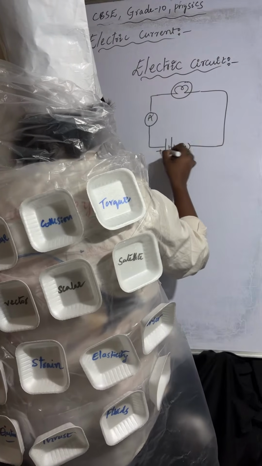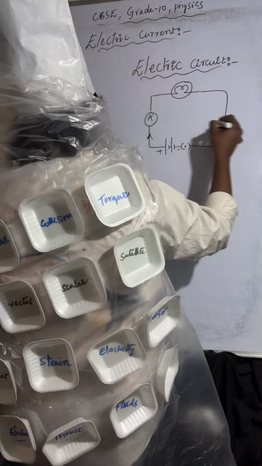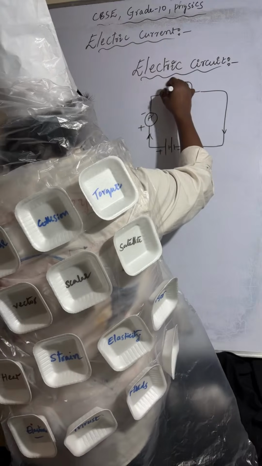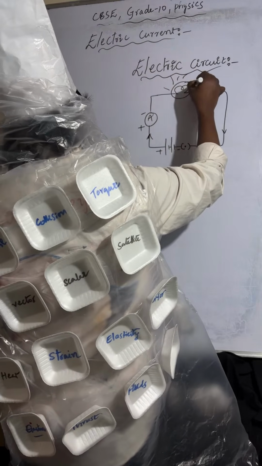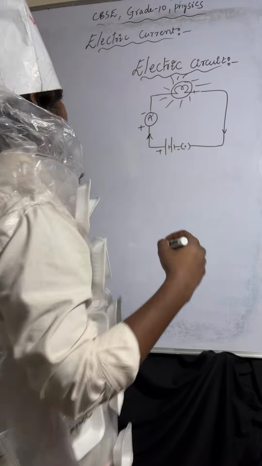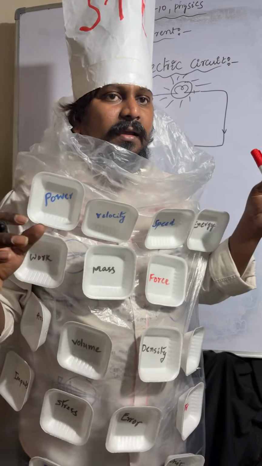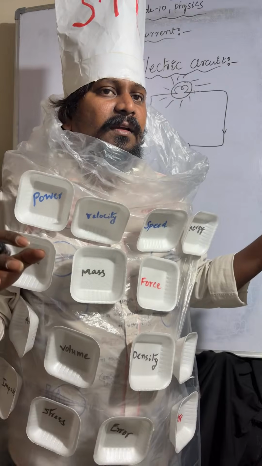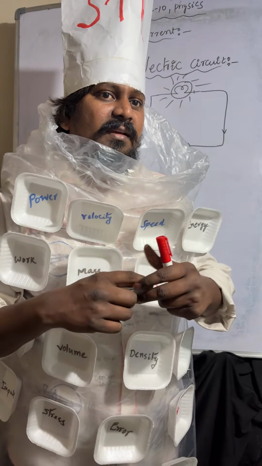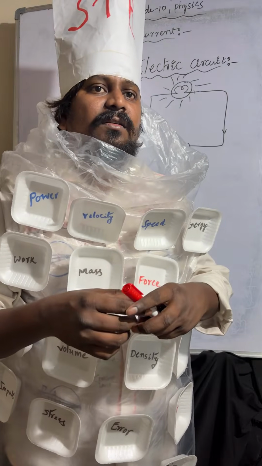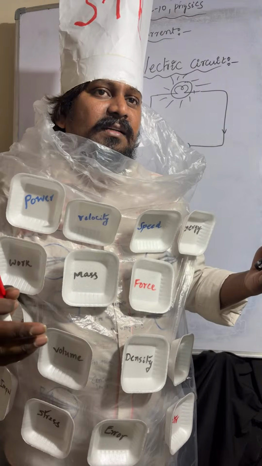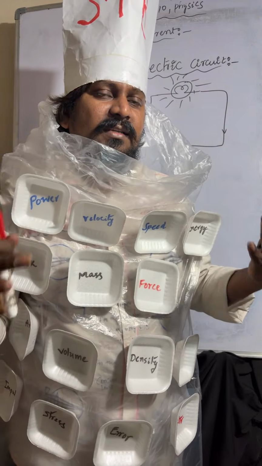So current is passing. A closed and continuous path of an electric current is known as an electric circuit.